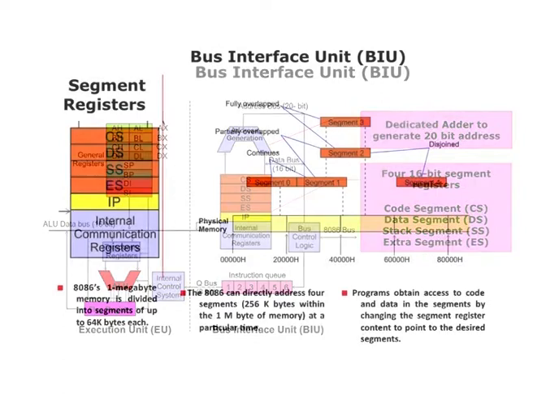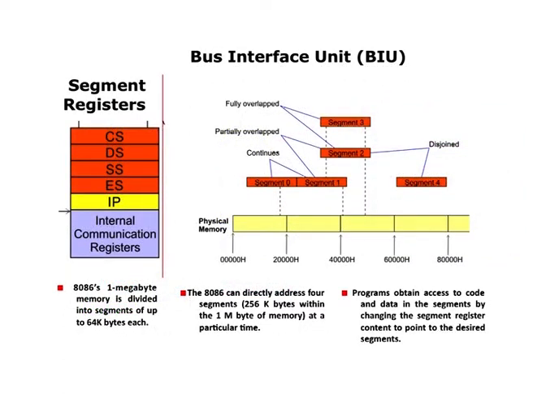Now if no segments are overlapped, then they are continuous, but a few segments can also be overlapped. As you can see in the slide, segment 0 and segment 1 are continuous, whereas segment 1 and segment 2 are partially overlapped. Similarly, segment 2 and segment 3 are fully overlapped, and segment 2 and segment 4 are disjoint. Now each segment can have a maximum of 64K.